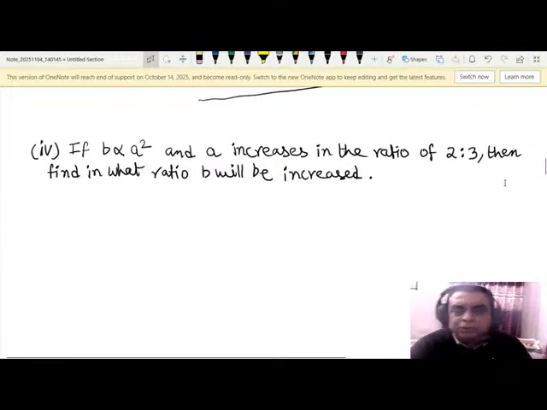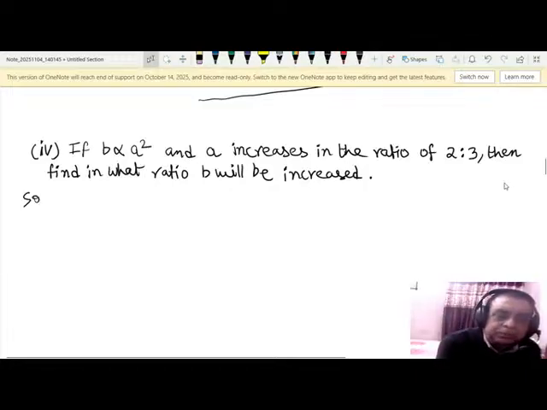Now we are moving to question number 4. Now what is this sum saying?